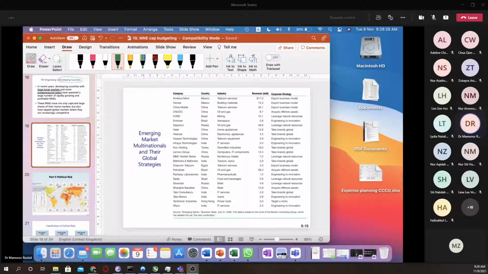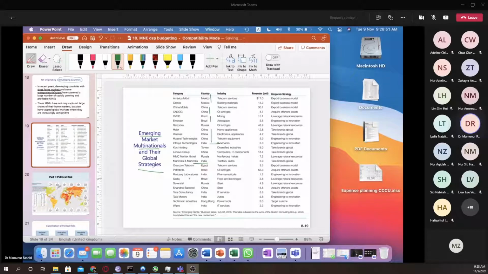These are examples of emerging market multinationals and their global strategies. For example, there are a number of them from Mexico, China, Brazil, Russia, and India. Infosys is from India. Mahindra and Mahindra is the truck manufacturer from India.